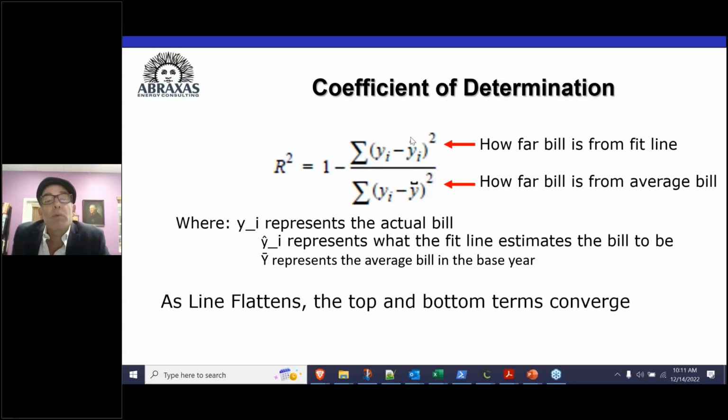So the R squared would be 1 minus 1, which would mean the R squared is 0. So that's an extreme case. I mean, if the bill is the same every month, you're not going to do a fit anyway. But I'm just trying to explain the extreme case and how, as the slope flattens out, the R squared goes towards 0.